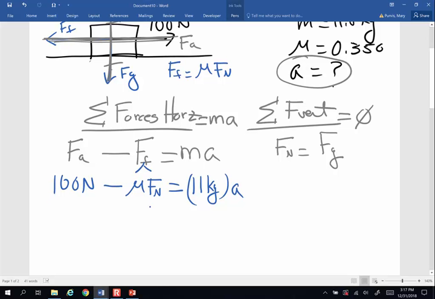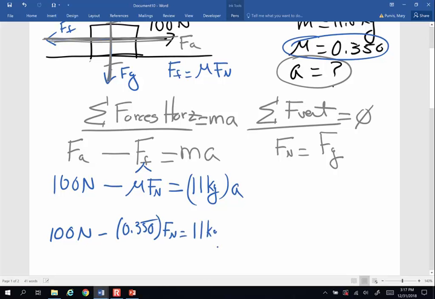Now, do I know anything else in this? Yeah, I know the coefficient of friction. So I'm going to take it down one more level. 100 newtons minus 0.35, that's the coefficient of friction from up here, times my normal force is going to make my 11 kilogram mass accelerate.